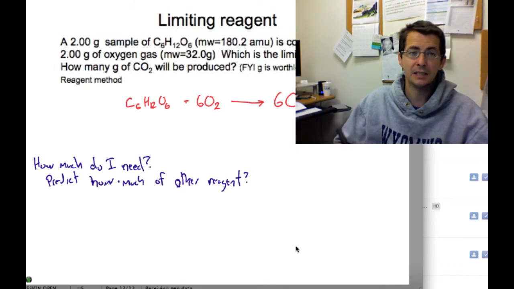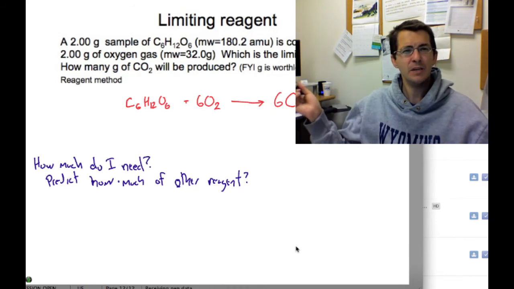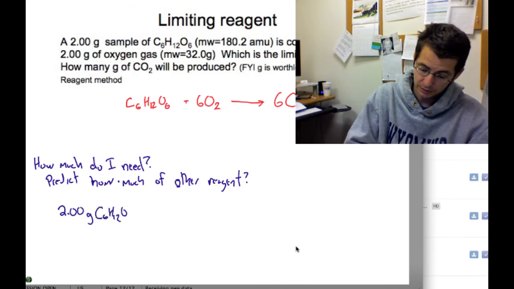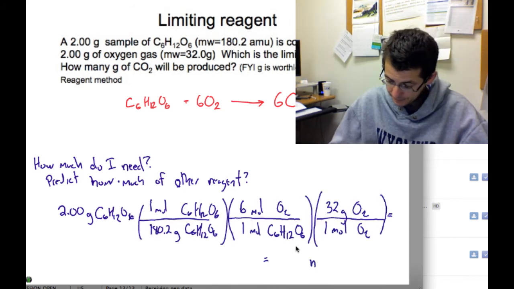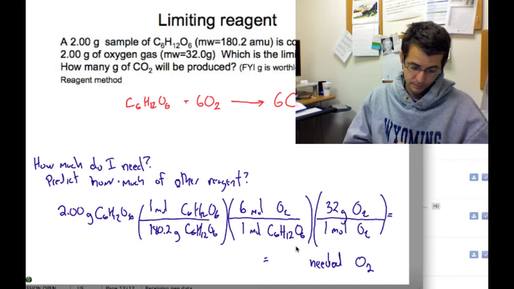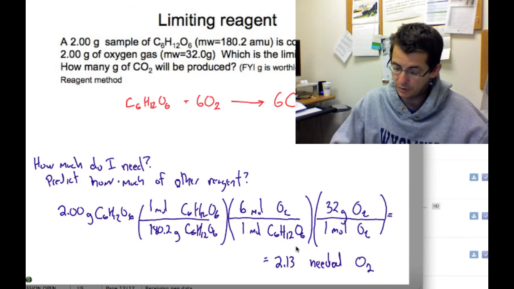So rather than ask about the product, I go, okay, I have 2 grams of sugar. How much oxygen do I need to use up all my sugar? So if I have my 2 grams of my sugar, C6H12O6, I would need 2.13 grams of O2.